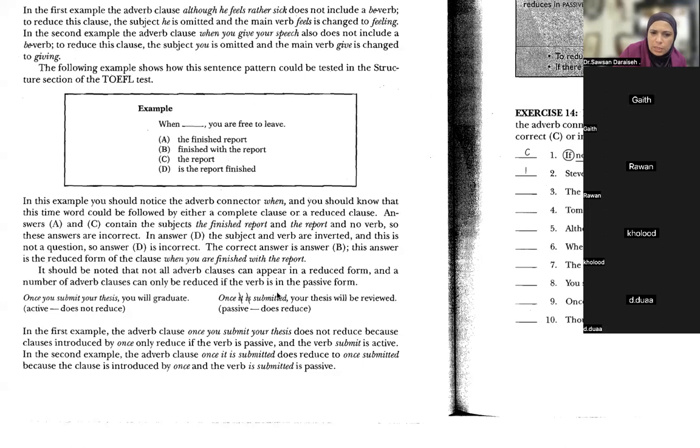So once it is submitted, we cross out it, we cross out is, and then we have submitted. Okay, once submitted, مجرد ما يتم تسليمها هي الرسالة, it will be reviewed. Okay, راح يتم مراجعته.